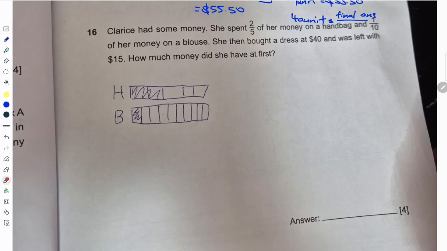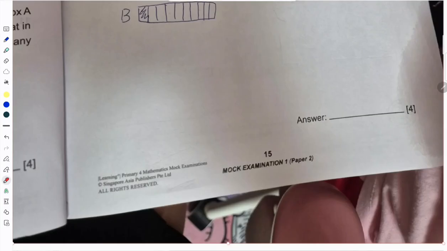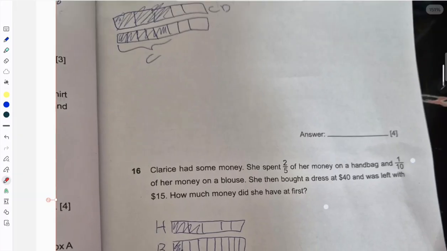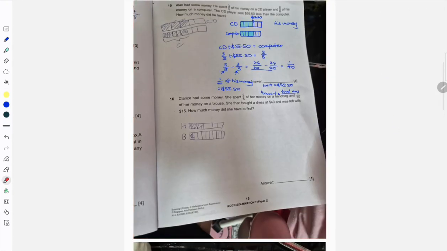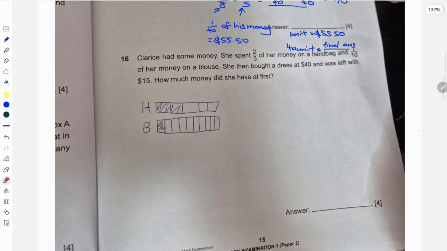drawing a model. But okay, you see, the thing is, every time you see left with how much, oops, what happened? Oh, okay. Let's get back to this. Every time you see left with how much, left with how much, left with how much. Okay, important things say three times.